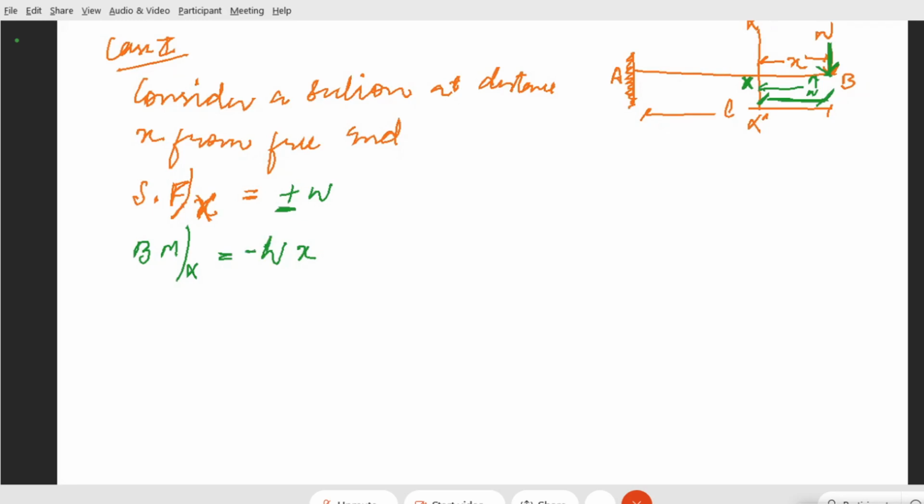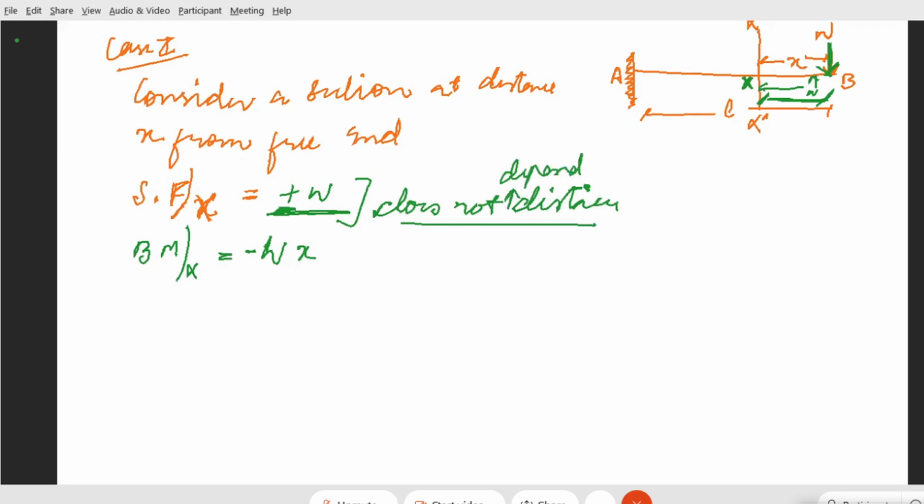Hence, shear force will be constant because it does not depend upon distance. Therefore, you can say it will be positive W throughout the length of the beam. It will be W at this end, it will be W at this end.